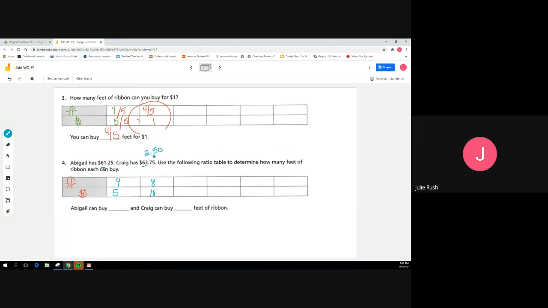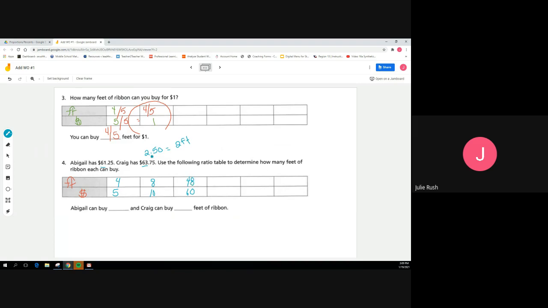And I know that 2.50 is equivalent to 2 feet. Okay, so that's the difference between them. So I'm going to multiply by 6 to get me to $60 down here on the bottom. And 6 times 8 is 48. So we get 48 feet for $60.